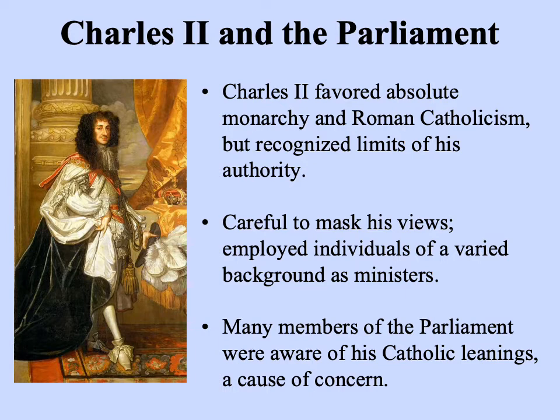Made sure that there were a fair number of individuals who were strong supporters of the Parliament. And most members of Parliament were not stupid. They were aware of his Catholic leanings. It was a cause of concern. But for the most part, it's kind of just keep an eye open. But there was little indication that he was really prepared to try and somehow alter the relationship or maybe bring England back into the Catholic fold.